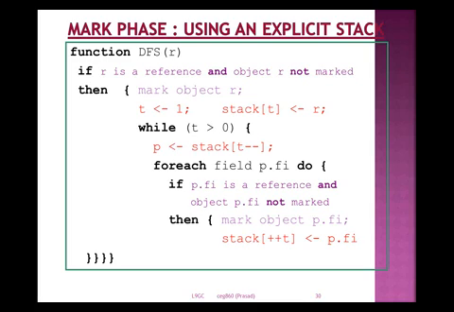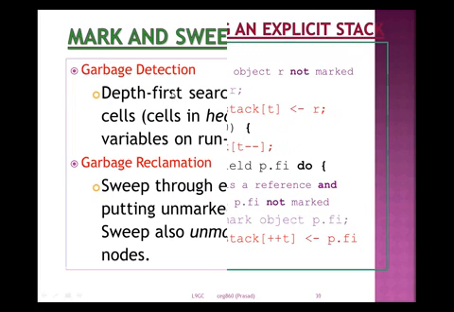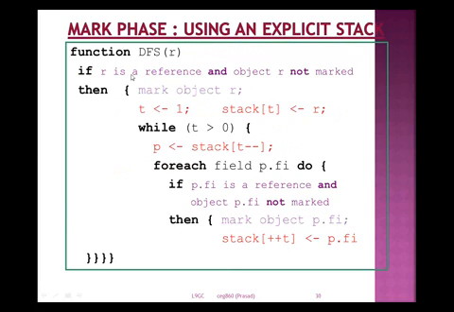First of all, there is the mark phase. This is the function, the depth first search, DFS. If R is a reference variable and the object is not marked, then mark the object R. Then T is greater than -1, stack[T] = R, while T is greater than 0.